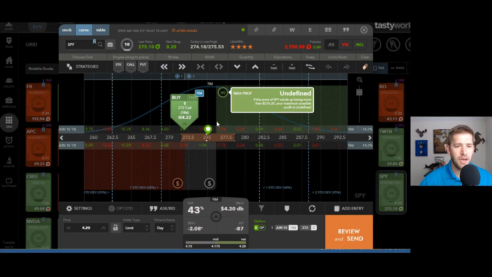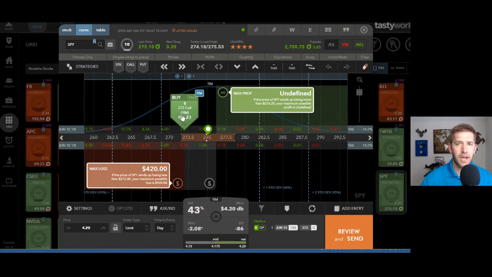Okay? And that's because you bought the option here at 272, this call option, and you're paying $4.23 for that option. If you were to take that coupon price and add it to the 275 current price of the stock, because remember, it's like the taco example, right?